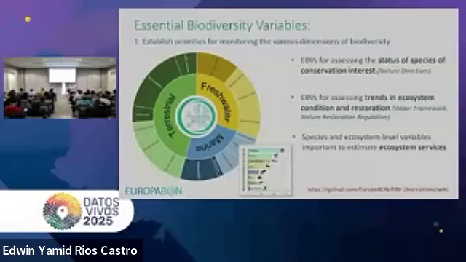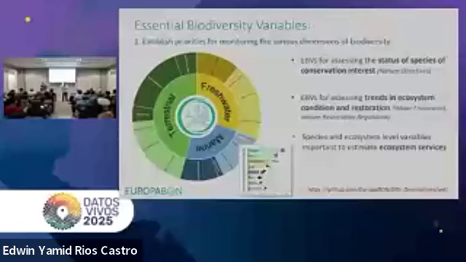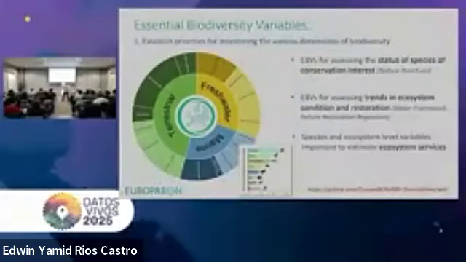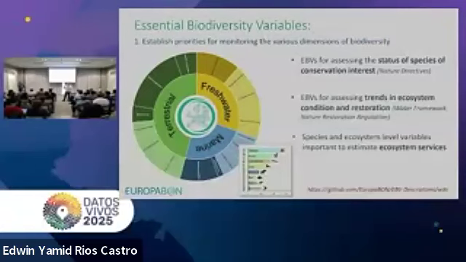So in Europa One, a project that was built around this concept of essential biodiversity variables to propose a biodiversity monitoring system for Europe, we went into much more detail on those variables together with a large group of experts and defined for each of them the specific metric that needs to be monitored.